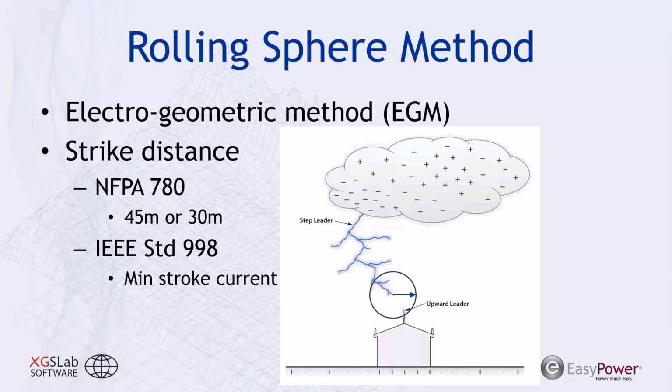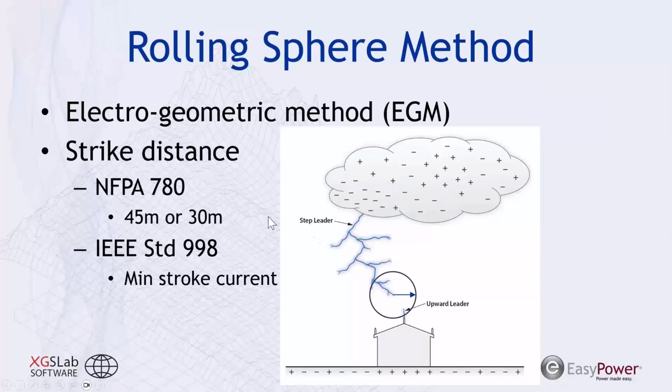So rolling sphere methodology, some of you I'm sure have heard of this term. This is an electrogeometric method, and as you have your step leaders coming down from the cloud, the strike distance associated with this is going to be related to the energy or the stroke current of that lightning event.